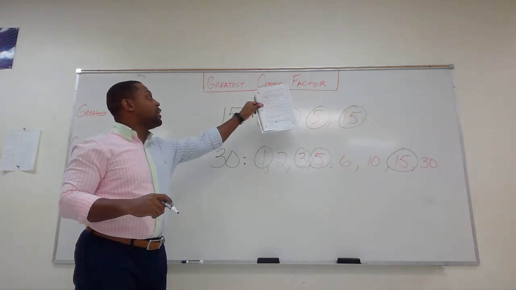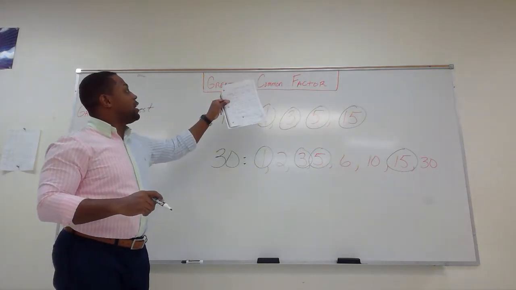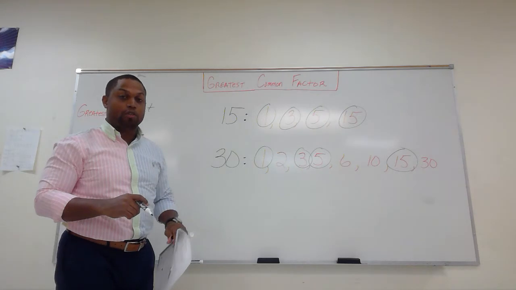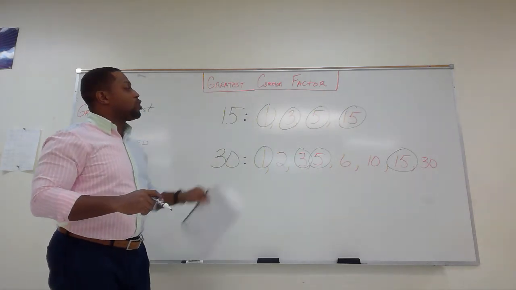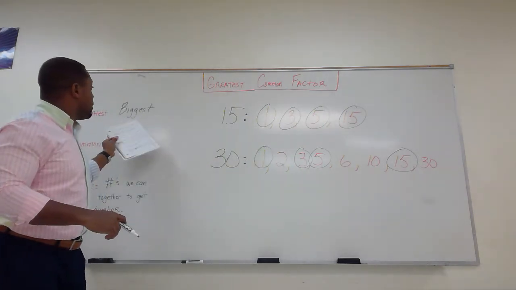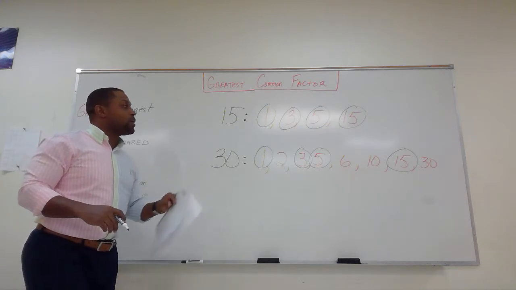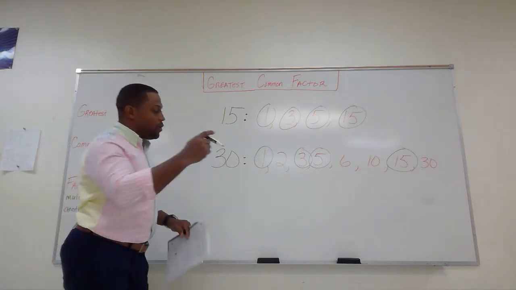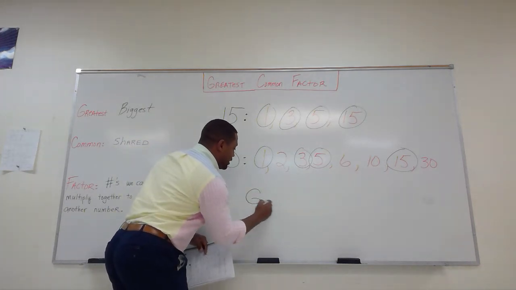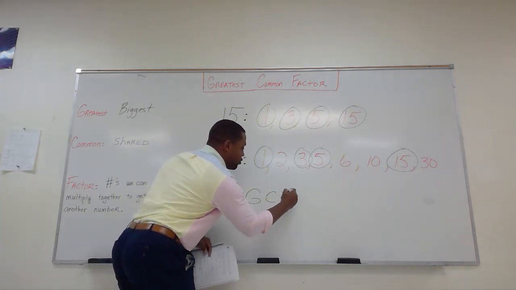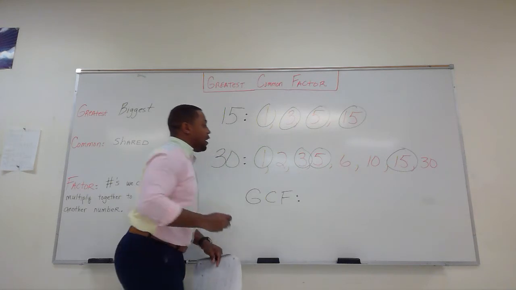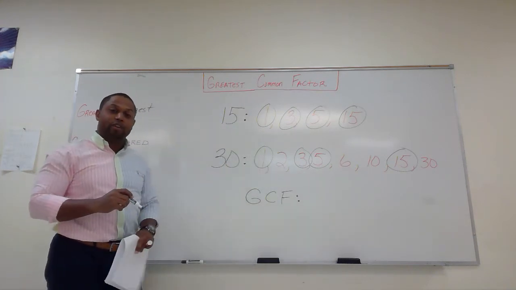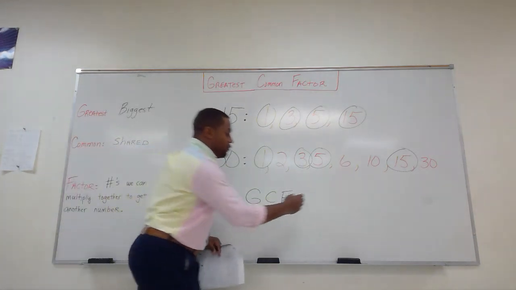So we have factors, we have shared ones circled, and now we're looking for greatest, which in layman's terms is the biggest. So we're looking for the biggest factor that both of these numbers share, and as a result, the greatest common factor, or GCF, of the numbers 15 and 30 is 15.